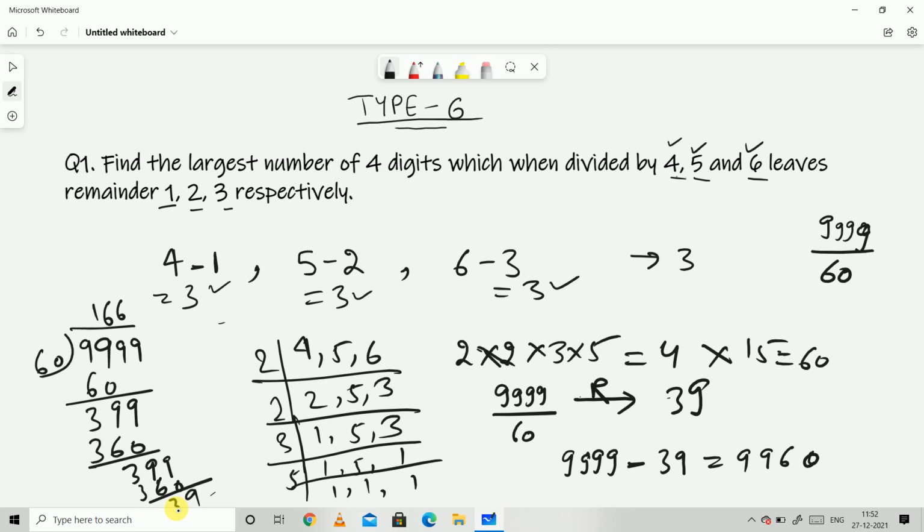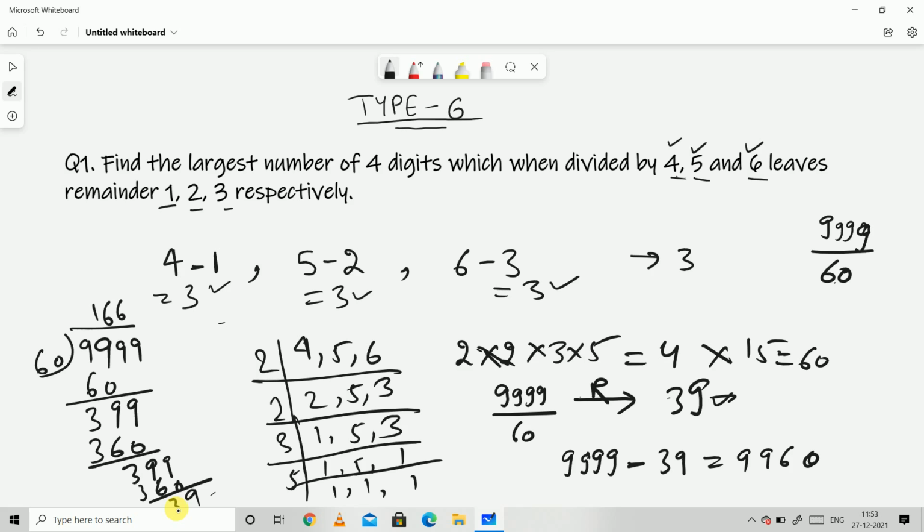Till here every step is the same as we had seen in the previous questions of this kind. We take the largest number of 4 digits, then divide it by the LCM. By dividing with the LCM you get that extra part, the remainder, because of which 9999 is not completely divisible by the given numbers.